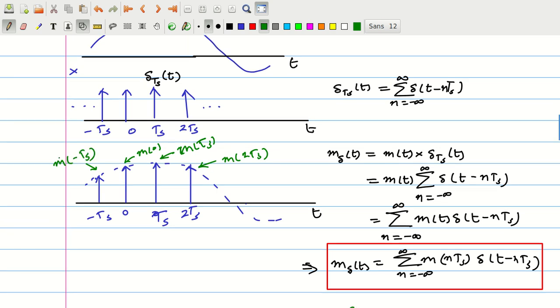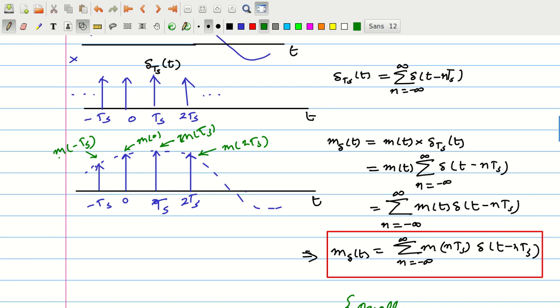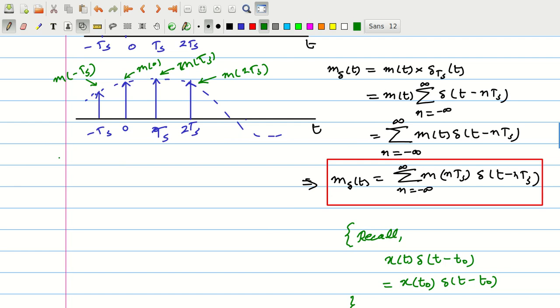So we see that we get an impulse train with the strength of the impulses equal to the message value at those instants. So let us make a note of it.